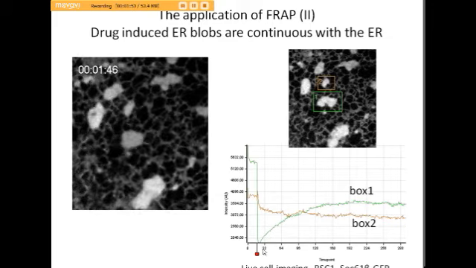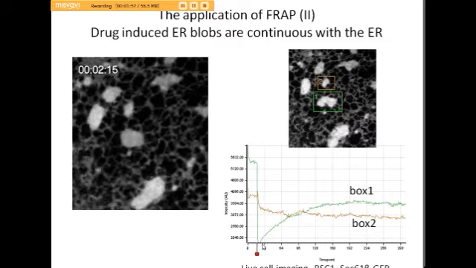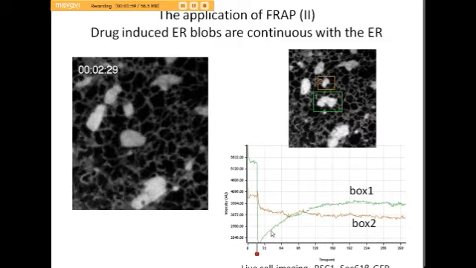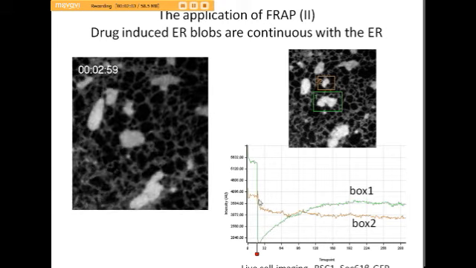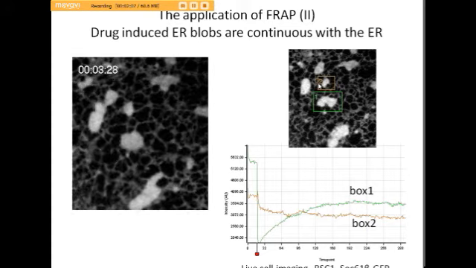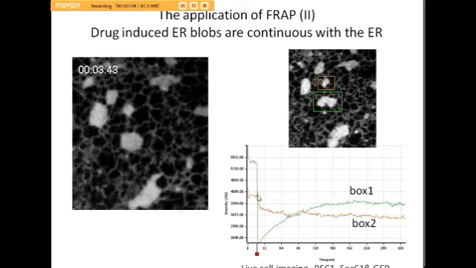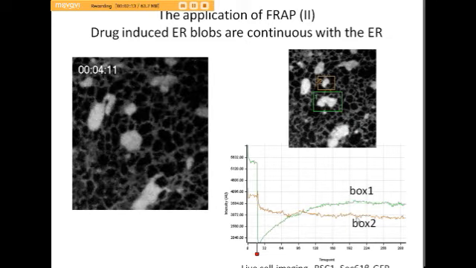In this plot we can see the photobleaching and fluorescence recovery, and most importantly we can see that ROI number 2, which is this blob, the intensity within ROI 2 also suddenly reduced.